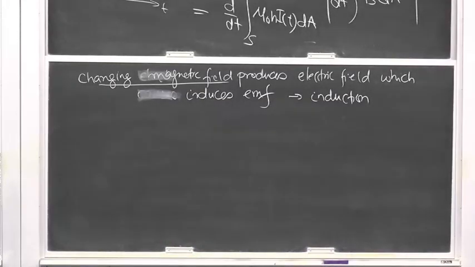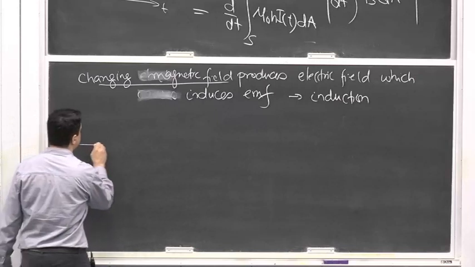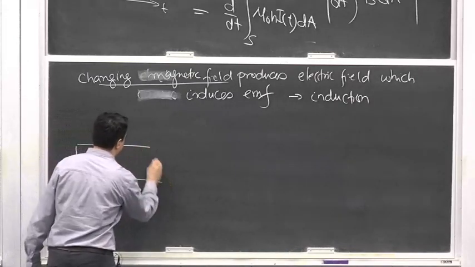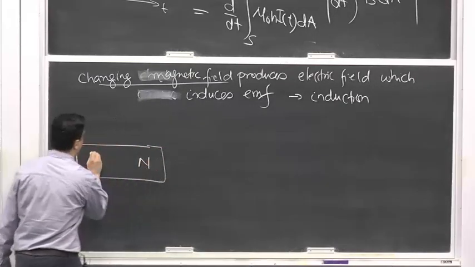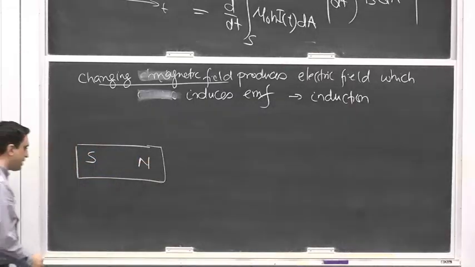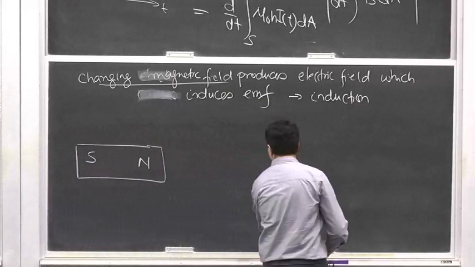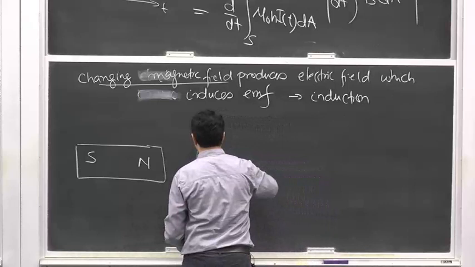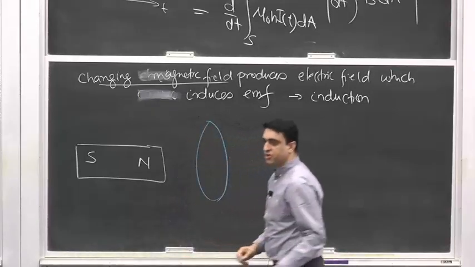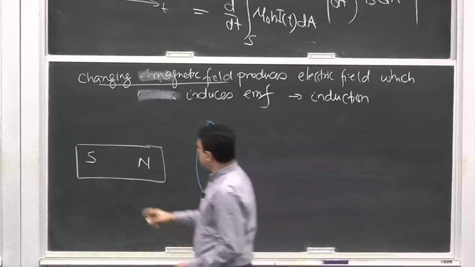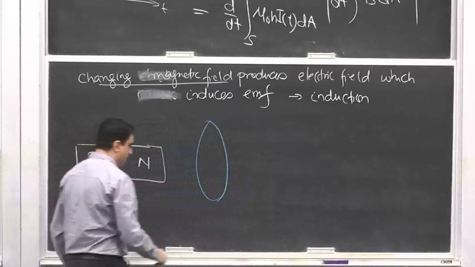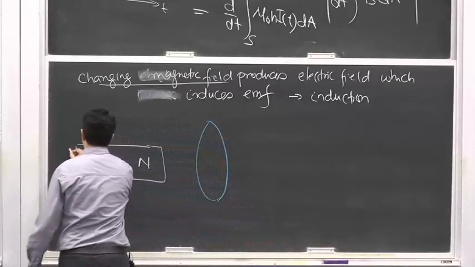For example, I can take another scenario, something like if I have a bar magnet with a north pole and a south pole, and I have a coil close to it, then it would have magnetic field lines coming out of it.